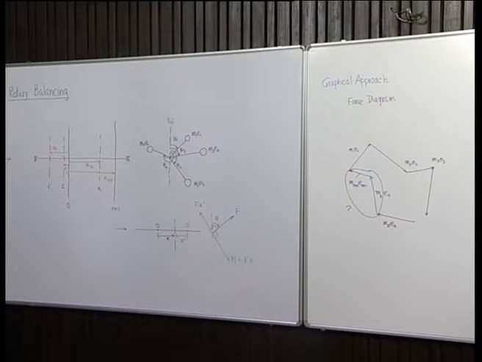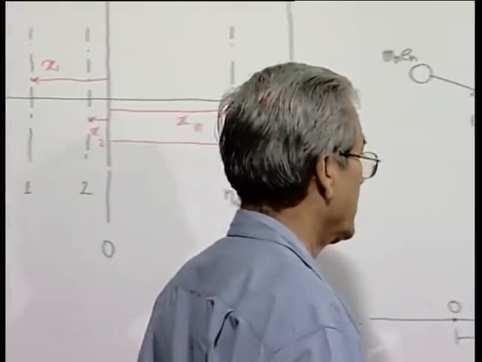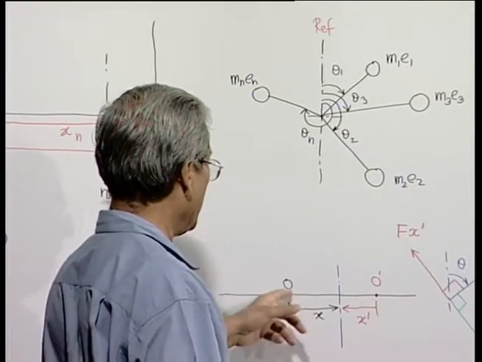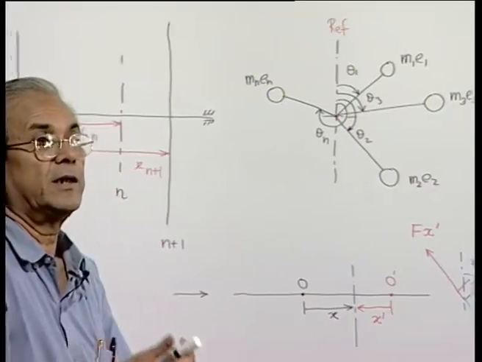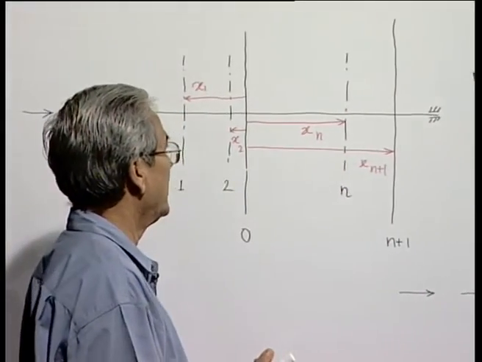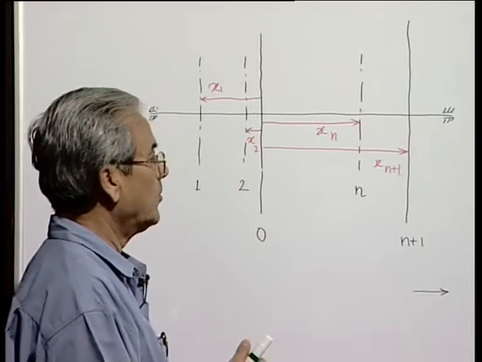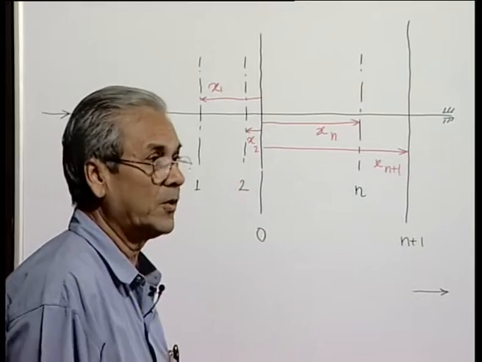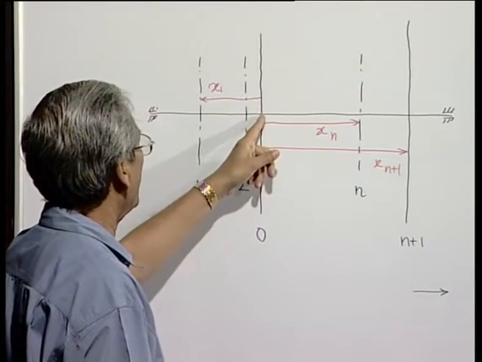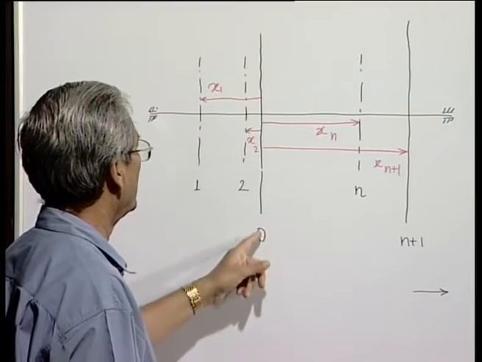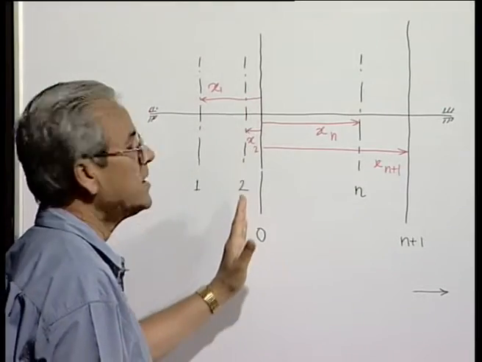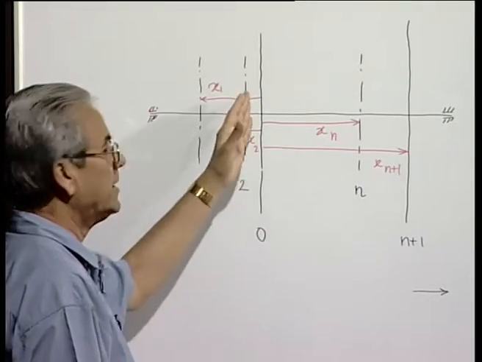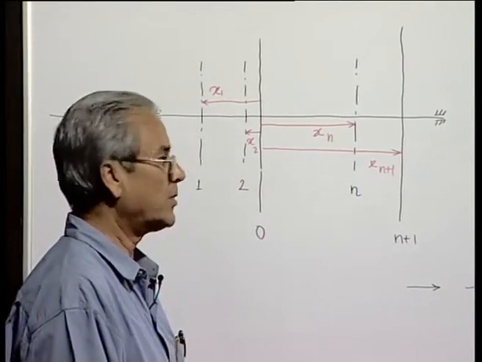On the other hand, if we consider the moment vectors, what happens? Moment always depends on the point about which moment is taken, and that point is at our disposal, we can choose it. And we also know that moment of a force about a point through which the force is passing is 0. So, we can always eliminate one unknown by choosing one of the balancing planes, for example, in this particular case the 0th plane as the reference about which the moments are to be taken.